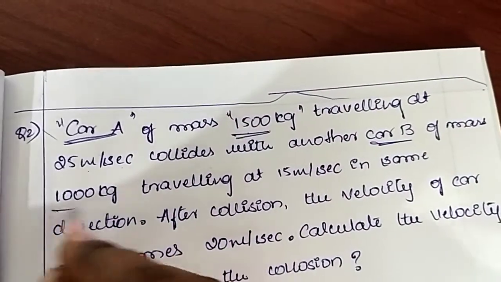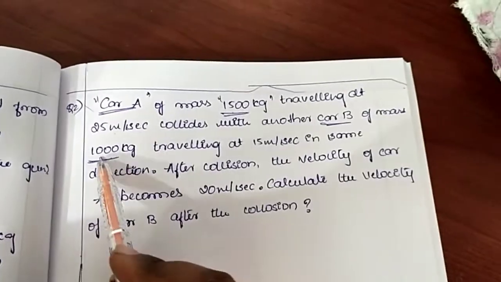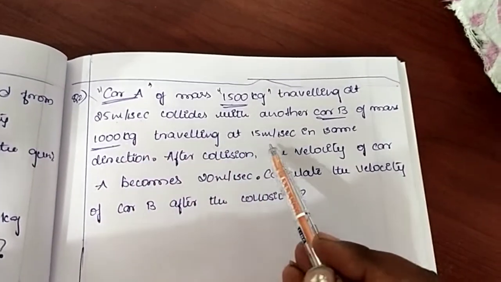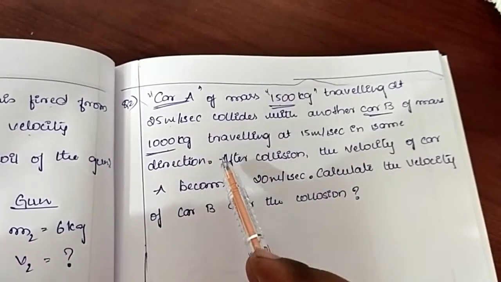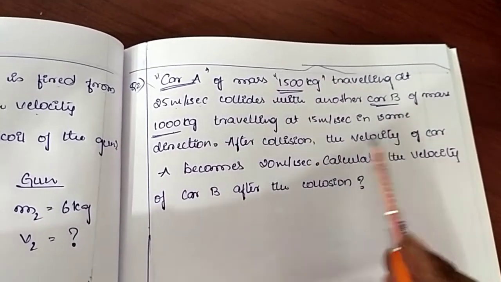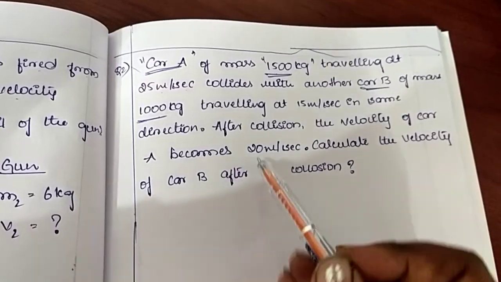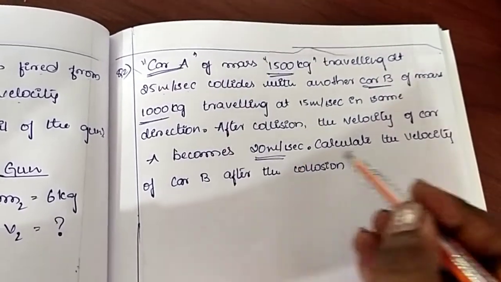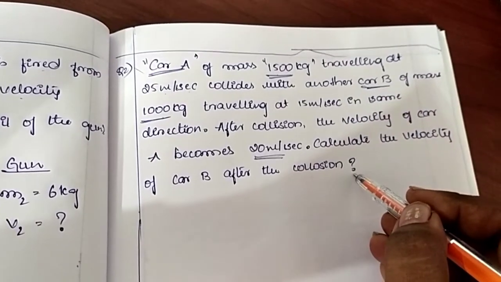Car B has a mass of 1000 kg, traveling at 15 meter per second in the same direction. So both the cars are moving in the same direction. After collision, the velocity of car A becomes 20 meter per second. Calculate the velocity of car B after the collision.